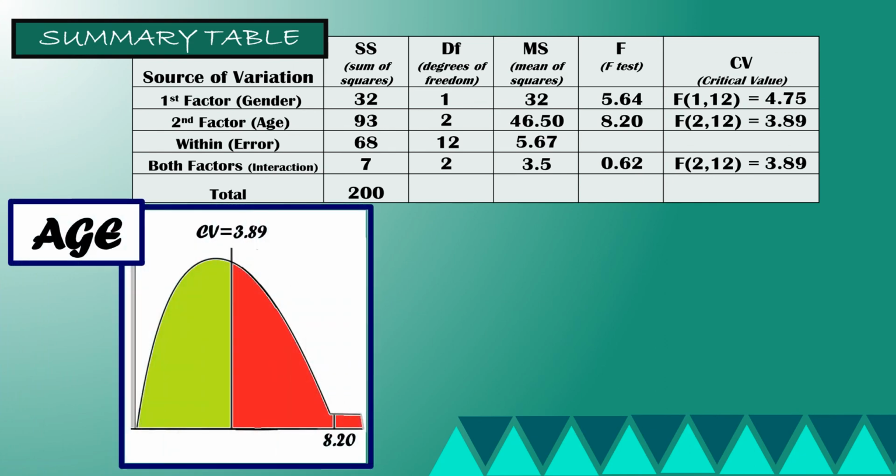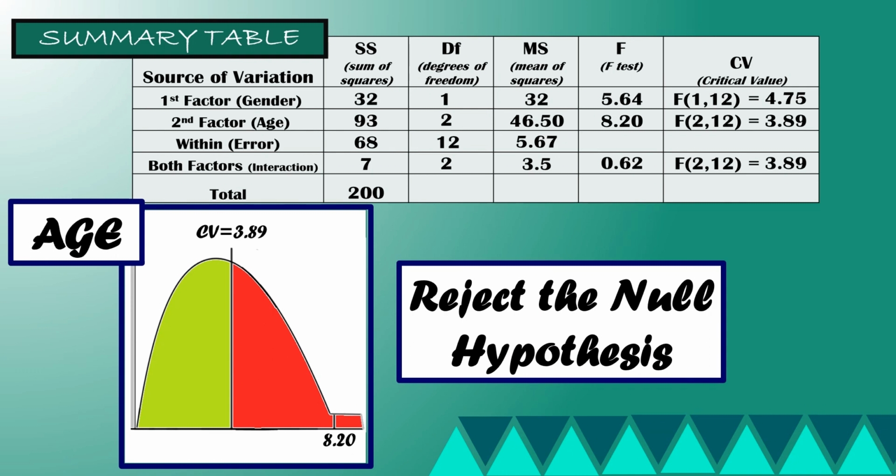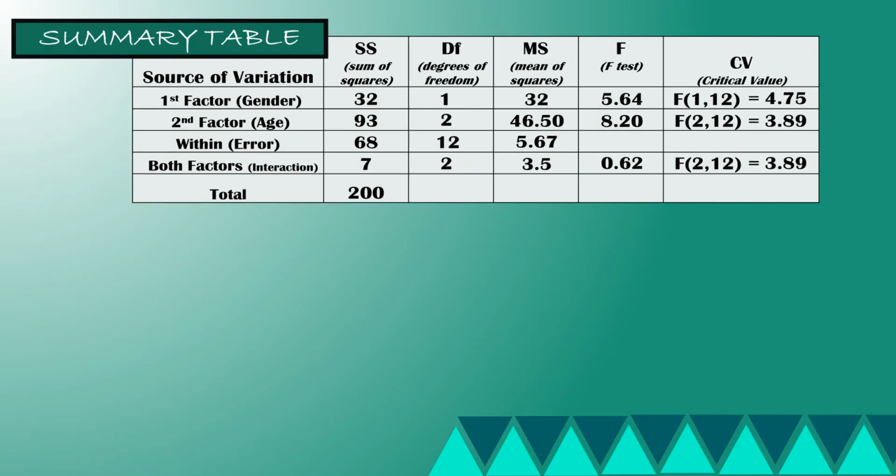For the second factor, which is age, our critical value is equal to 3.89 and the F-score is equal to 8.20. We can see that the critical value is less than 8.20, which is the F-test. So our decision here is to reject the null hypothesis.